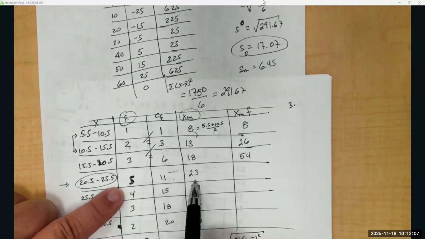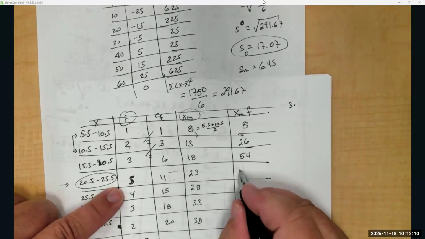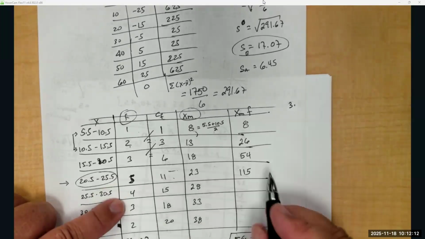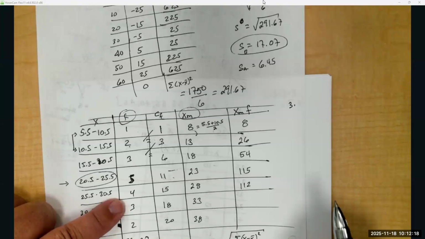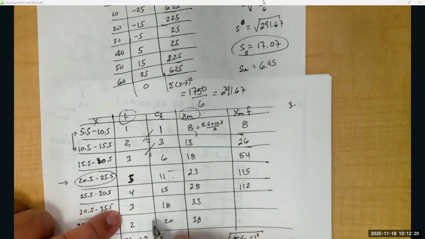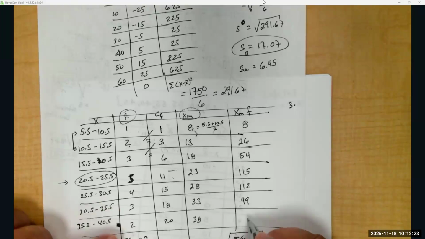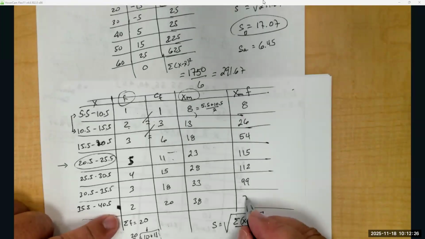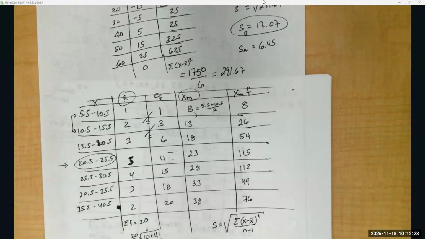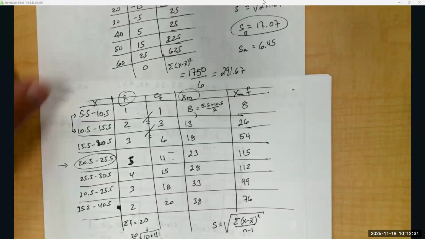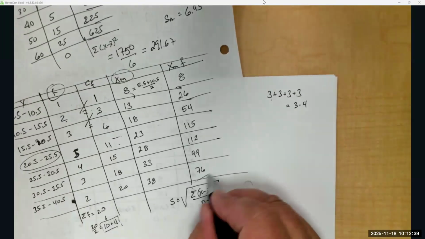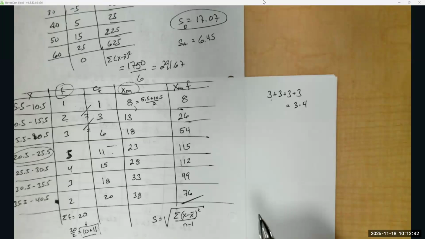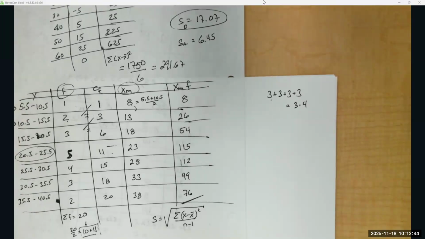Then we have 5 times 23. 4 times 28. 3 times 33. And 2 times 38. According to our formula, then we add them all up. So add up all those, what do we get?